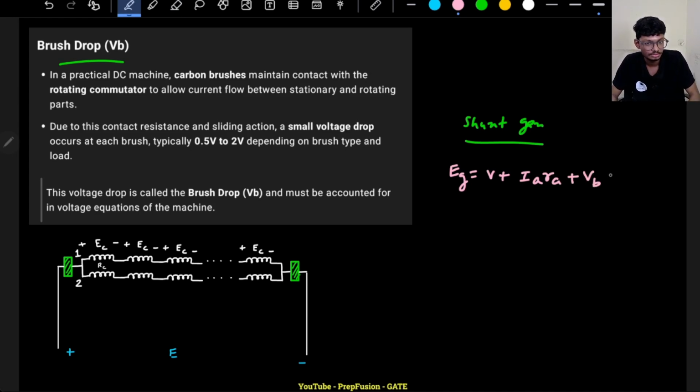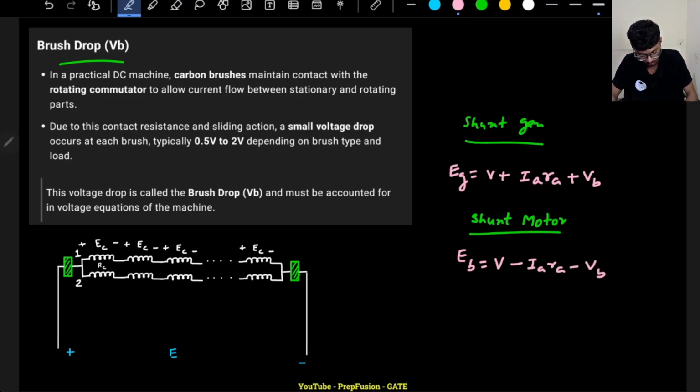So all these drops the EG has to provide. For a shunt motor, my motor voltage or back EMF will be the supply minus the drop across the armature minus the brush drop. So the voltage equation gets just a bit modified, that's it. That is what you have to keep in mind.